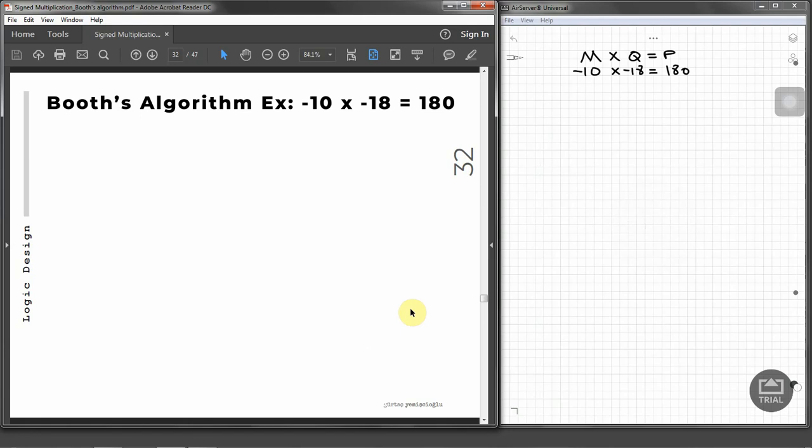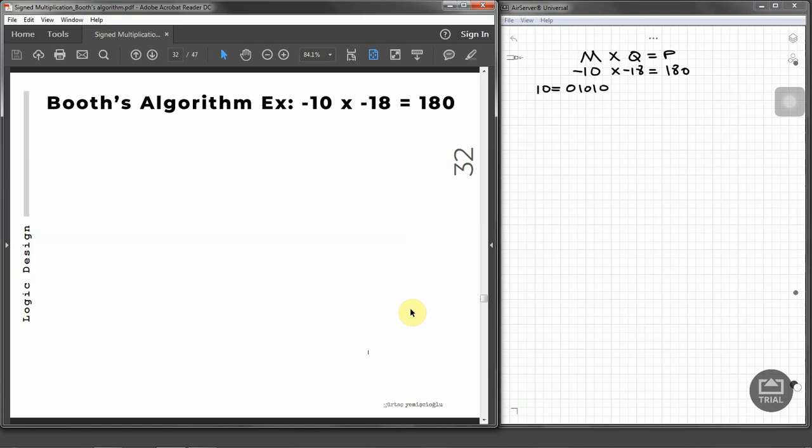Now let's find out 10 and 18 in binary first. Now 10 is 4-bit, 1010, but 18 is going to be 5 bits. We cannot represent 18 with 4 bits. So that means for 10, we can say that 1010 is 10, but we need to have 01010.